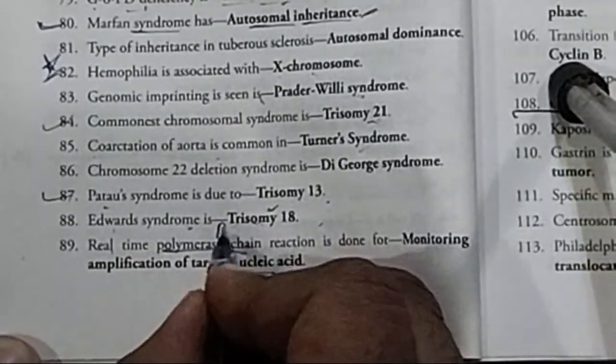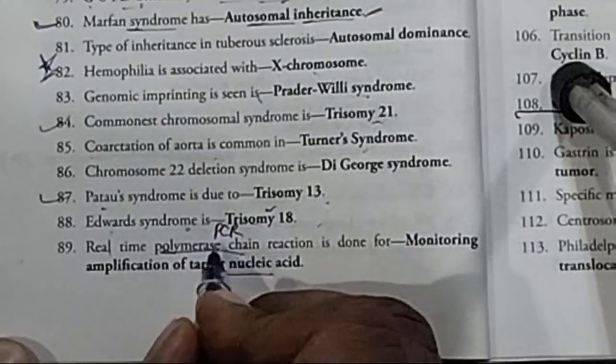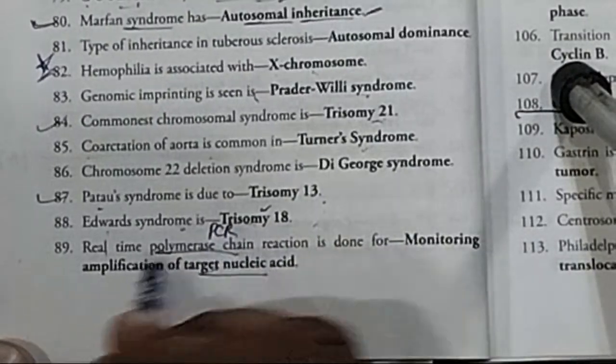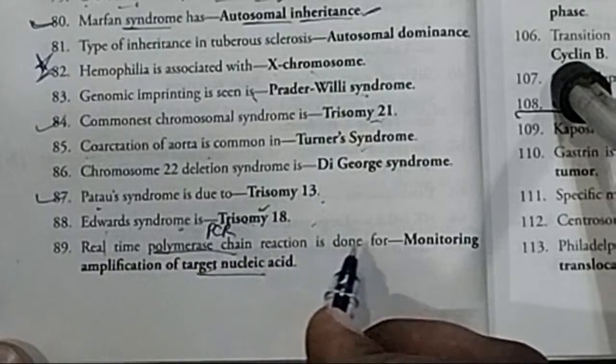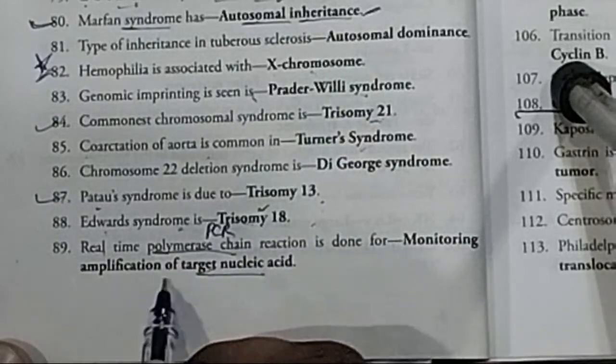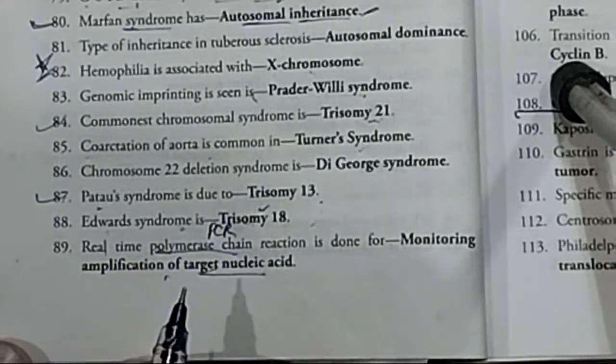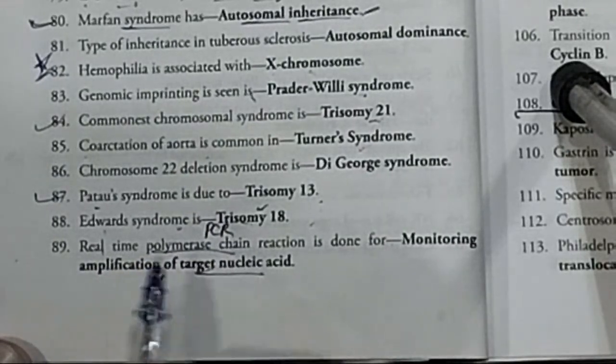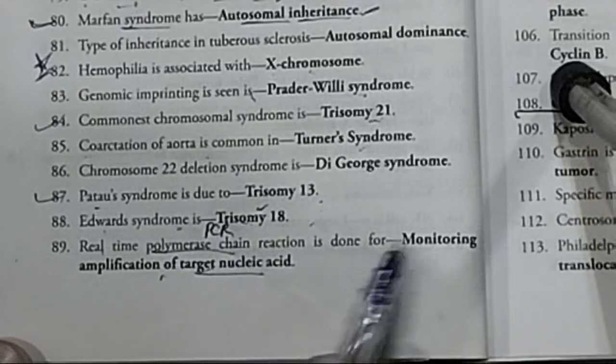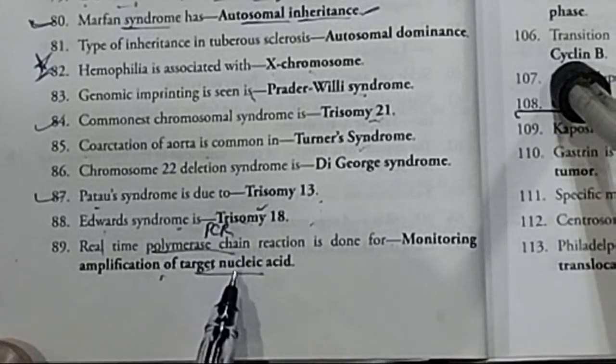You must have read in biochemistry about PCR, the polymerase chain reaction. Real-time PCR is done for monitoring the amplification, because in polymerase chain reaction we amplify the genes and visualize them. So real-time polymerase chain reaction is done for monitoring amplification of the target nucleic acid.